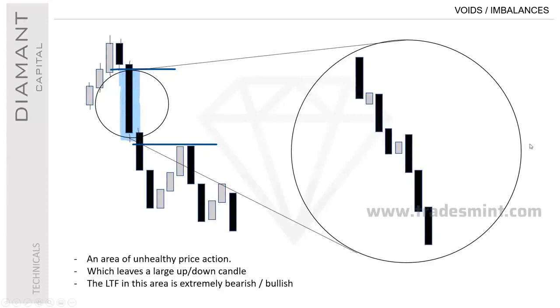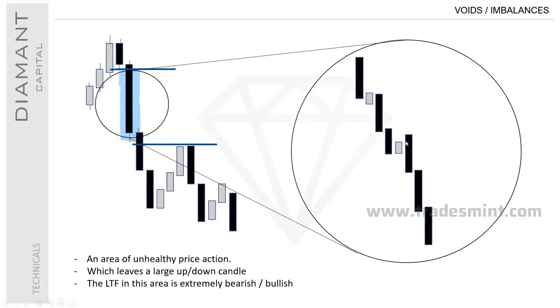Now, if you were to look at this on the lower time frame, what you would see is a straight down move. Honestly, there would be barely any pullback. If this is a 1 hour candle, you might get a few minutes where you see a bit of up movement, but it's very minimal.